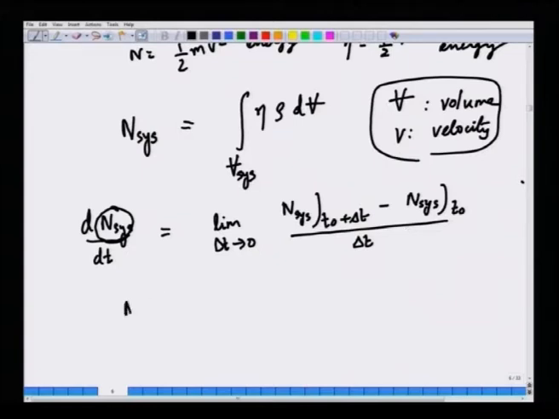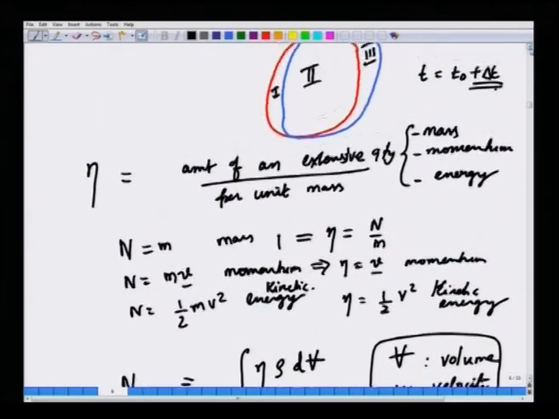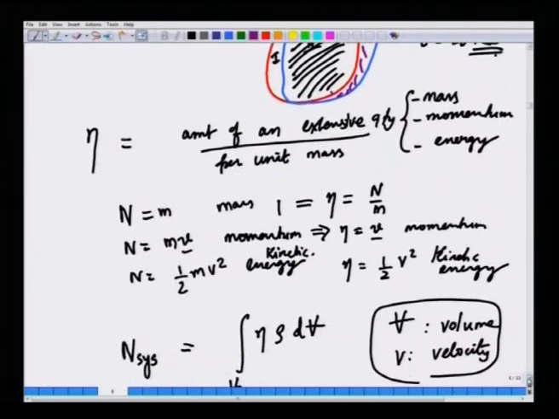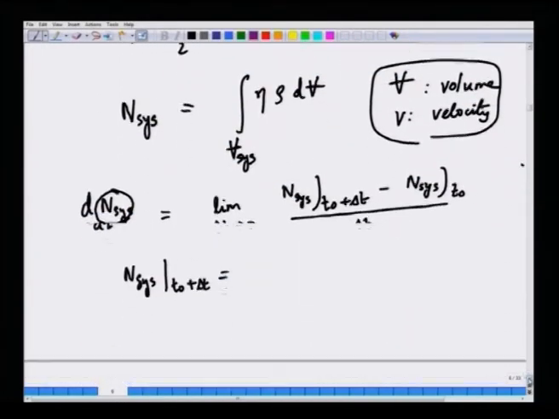N system at time t0 plus delta t is nothing but, from the figure, N2 plus N3.